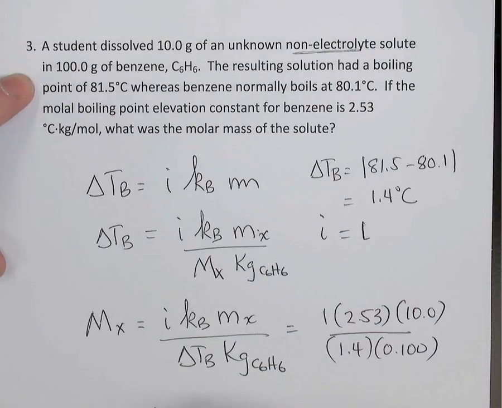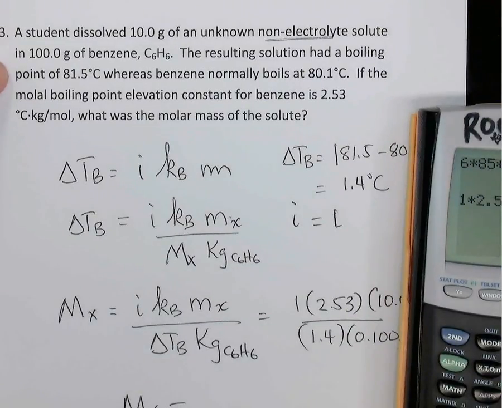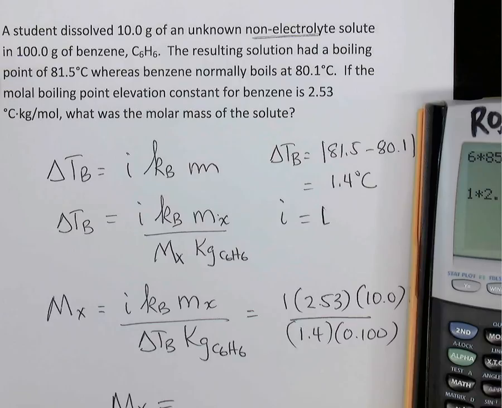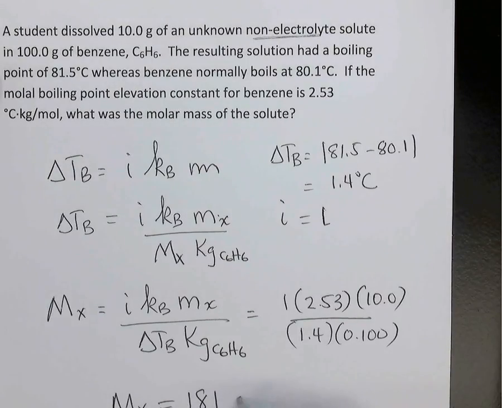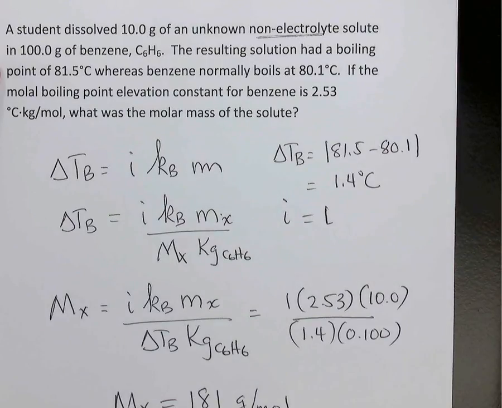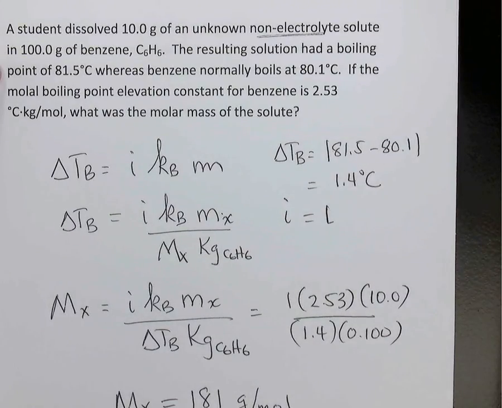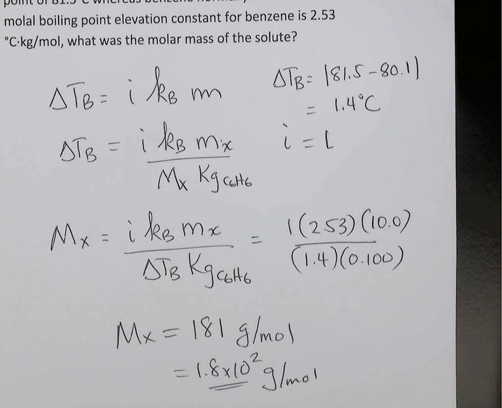So that's going to be equal to, let me just grab a calculator, 1 times 2.53 times 10 divided by 1.4 and divide by 0.1, we get a molar mass of 181 grams per mole. It's got probably one extra digit there. 1.8 times 10 to the 2 would be a better way to say it, grams per mole. Just realize I'm a little off the screen there. So there's a simple, common way to find the molar mass of an unknown solute through boiling point or freezing point changes.